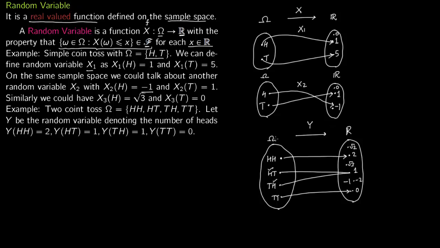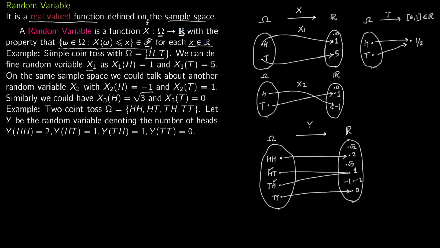Now on the sample space you also have probability acting on it. Probability itself can be called a function. So the probability function goes from omega to the interval 0, 1, and this interval lies in the real numbers. For example, associated with head, you get half for a fair coin, and the probability of tail is also half.